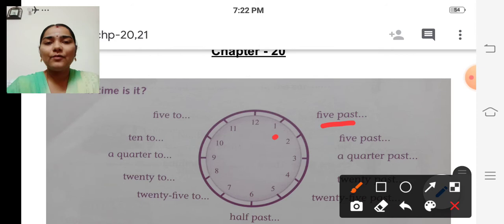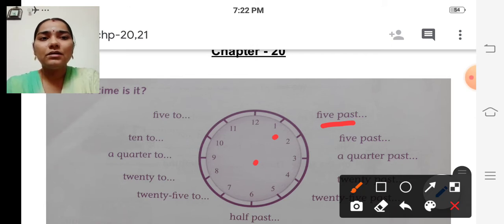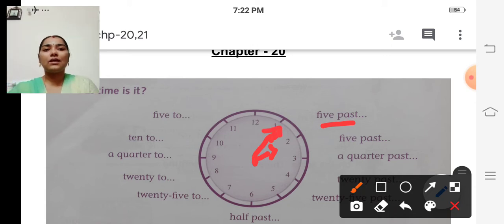See, if the hour hand is approaching 2 and the minute hand is here, then we'll say 5 past 2.